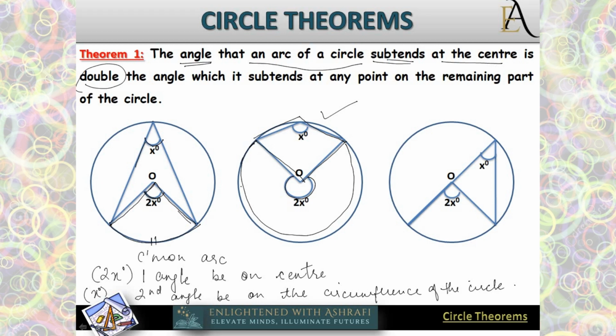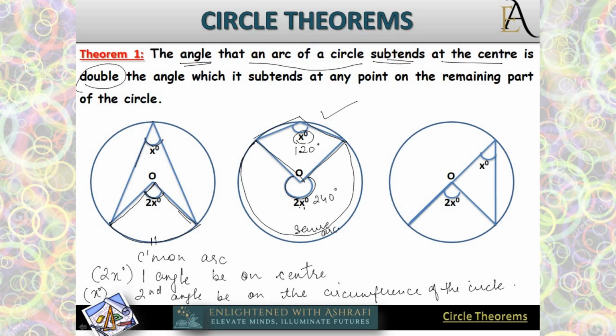This angle also has the same arc. That means they both have the same arc. Therefore, if this is x, this is going to be 2x. So if this is, say, 120 degrees, then this is going to be 240 degrees.